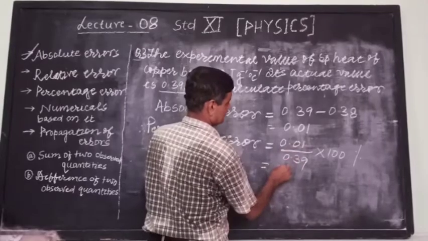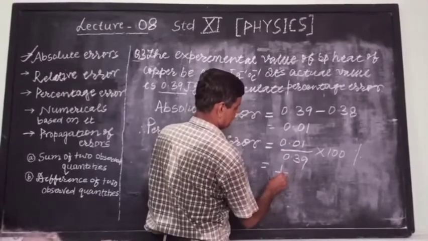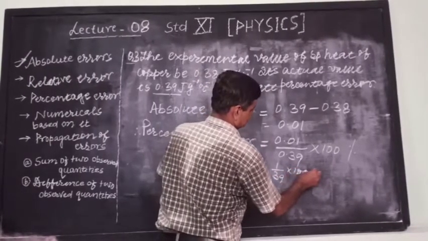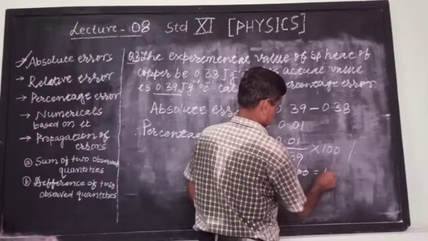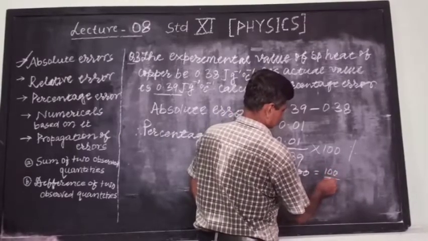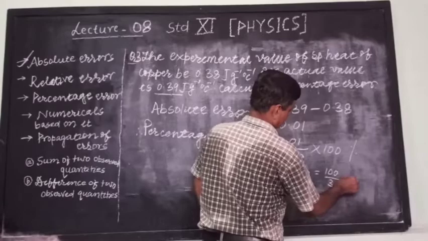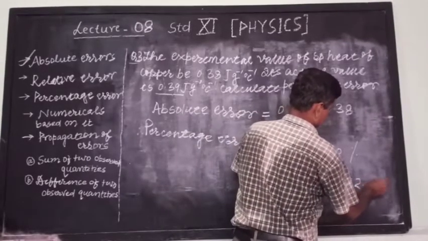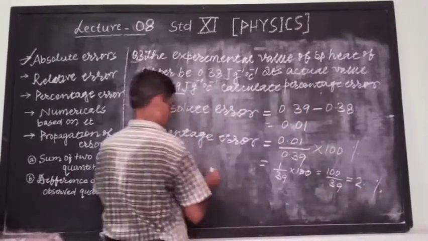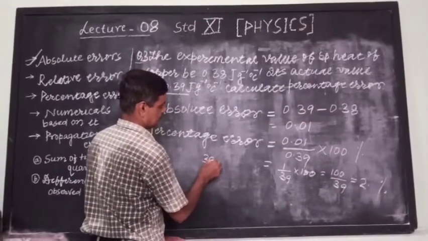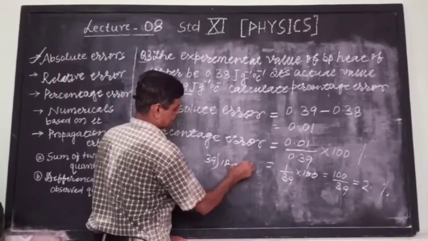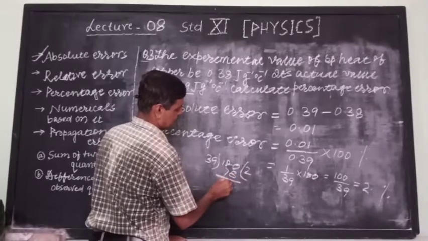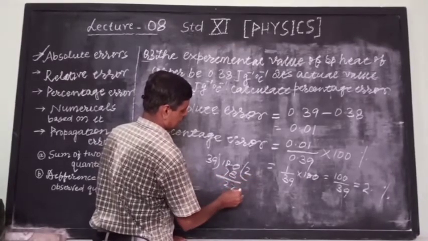It can be written as 1 by 39 multiplied by 100. So it is your 100 by 39. 2 point something. We can solve 39 to the 78. It will be 2.0.